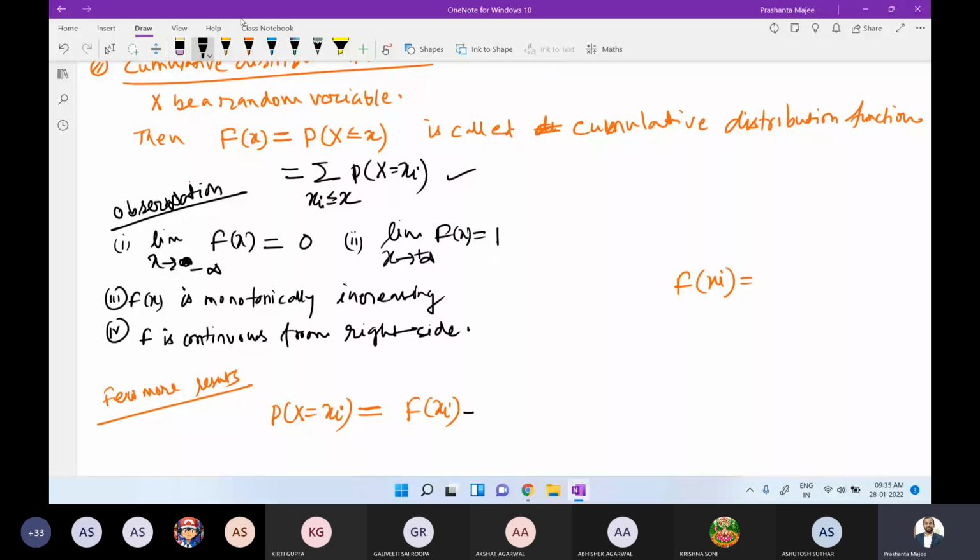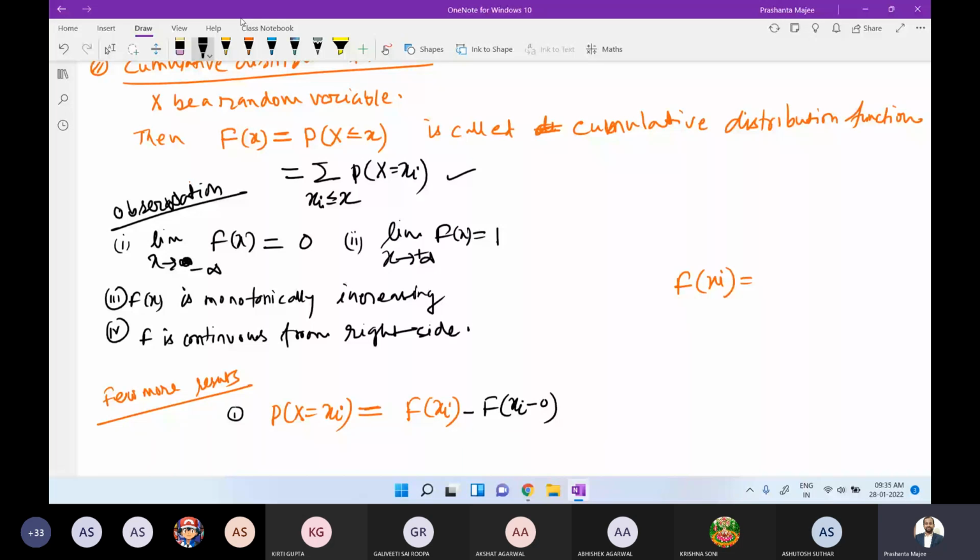So it will be F of xi minus F of xi minus 0. इन दोनों को सब्ट्रैक्ट करेंगे. That will be telling you the probability that the random variable is taking the value x equals xi. Okay, so this is another result.